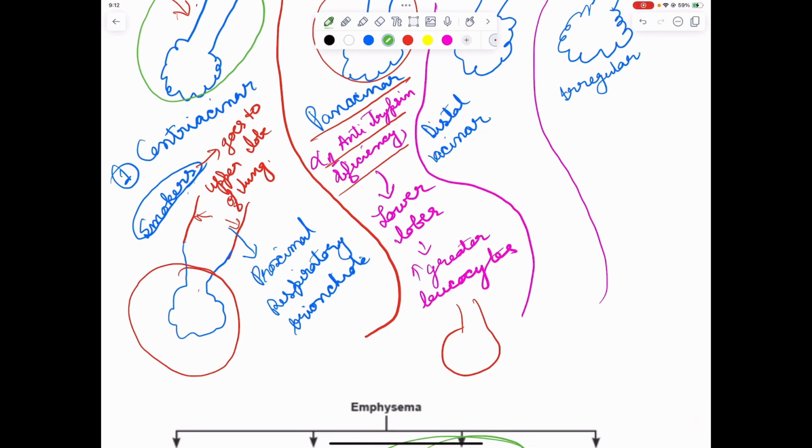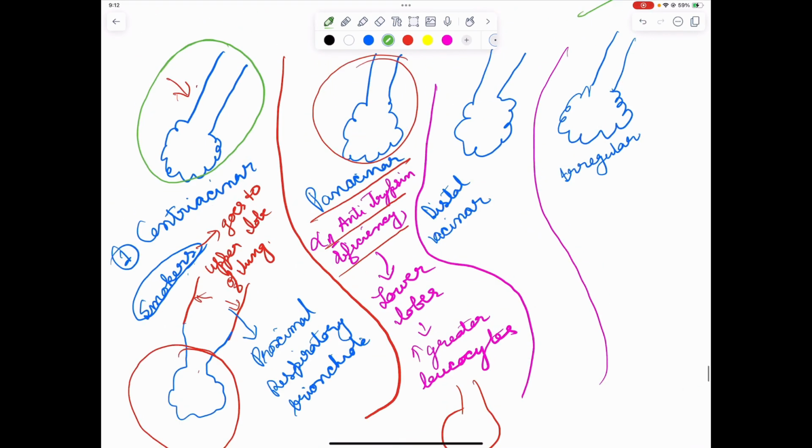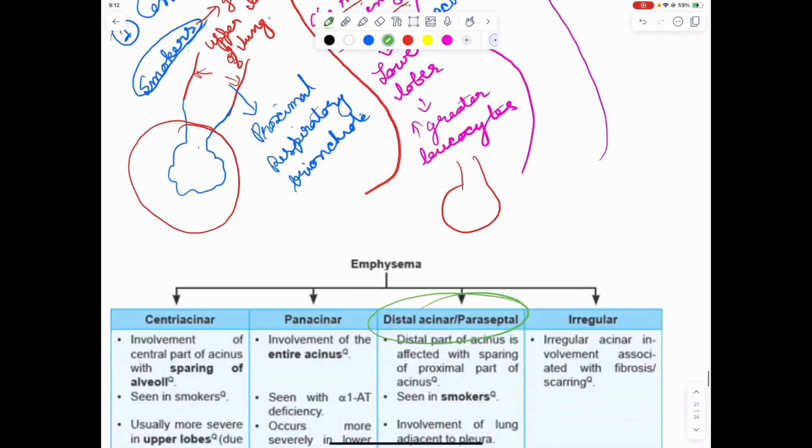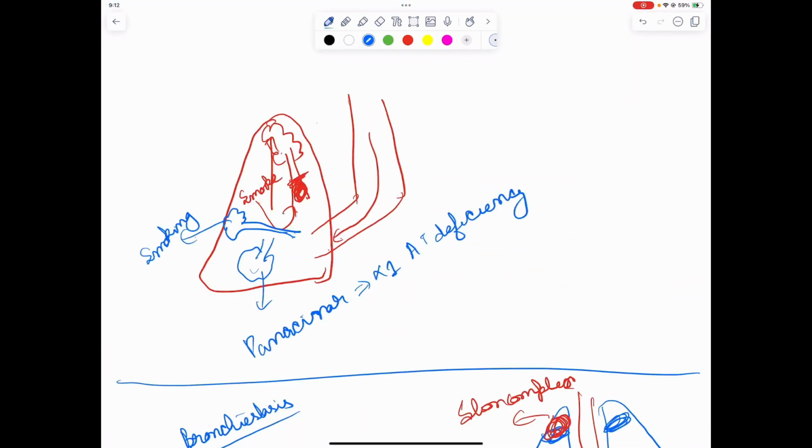In the upper lobe, the smoke goes towards the upside, so the proximal part which comes in contact, the central acinar part, will get dilated, but the distal part will still be working, and therefore gas exchange would take place. So this is central acinar emphysema.